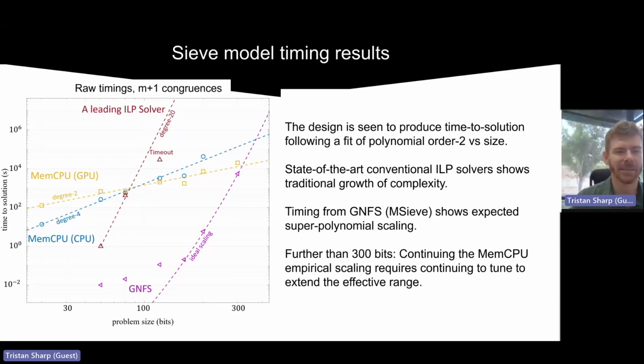Now continuing further is going to require tuning to extend that range. The idea is you tune, you keep pushing out along the same trend here. We've seen that in the past, even on this project. And so the question that we get is, where does this extrapolate to?